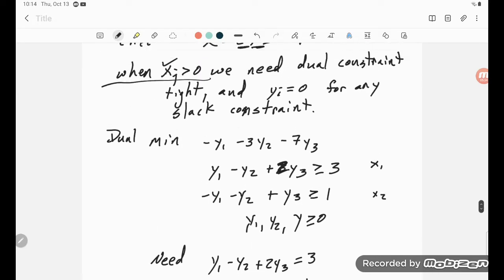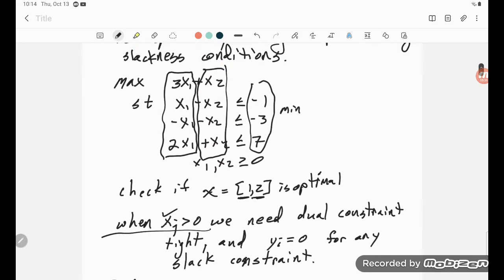And yi equals 0 for any slack constraint. So for slack, we've got to go back to our 3 constraints here, and I need to plug in my (1, 2) into here.